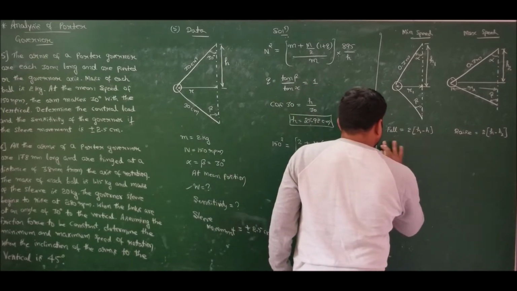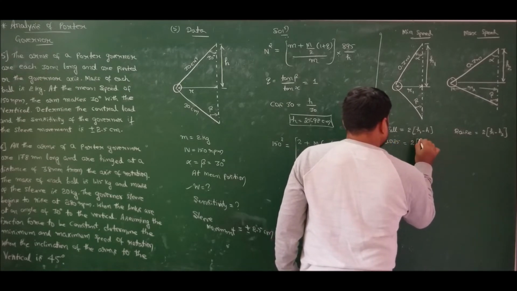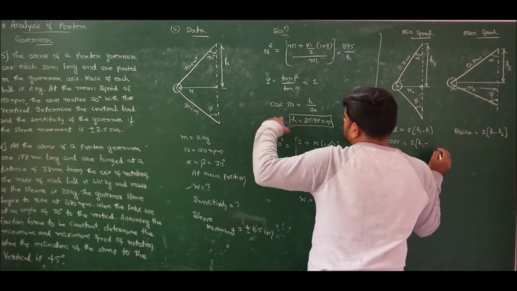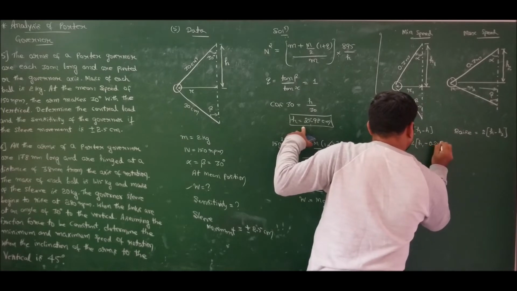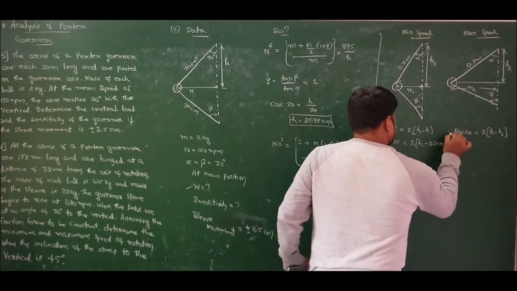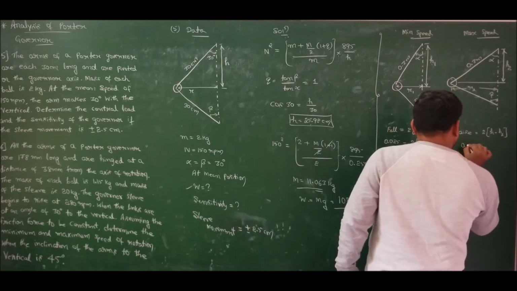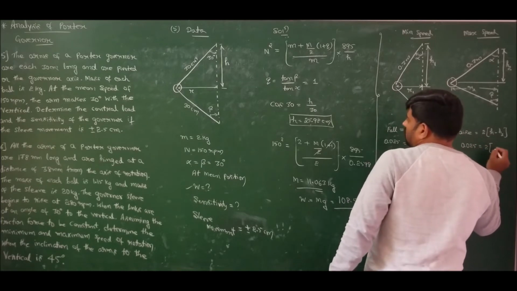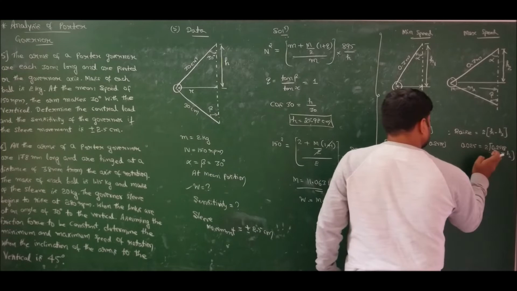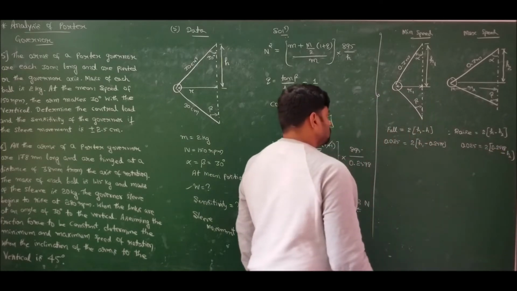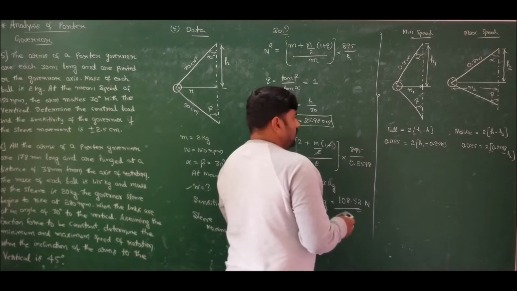This is 2.5 centimeters, that is 0.025, which must be equal to 2 times h1 minus the mean height h, calculated as 25.98, that is 0.2598. Here we know the lift or rise is 0.025, which is equal to 2 times h, known as 0.2598, minus h2. So if I calculate, I will get the values of h1 and h2.